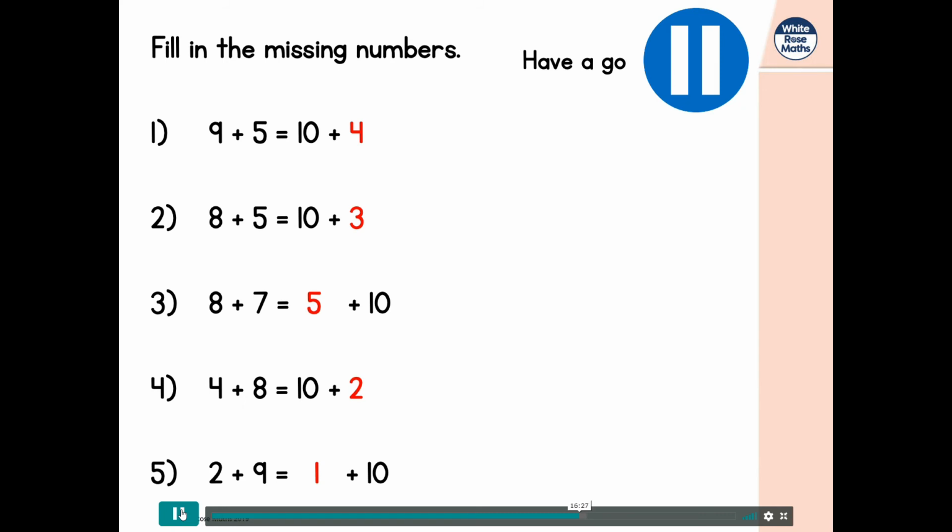And the fourth question, 4 plus 8 is the same as 10 plus 2. And the last one, 2 plus 9 is the same as 1 plus 10. I wonder what method you used.